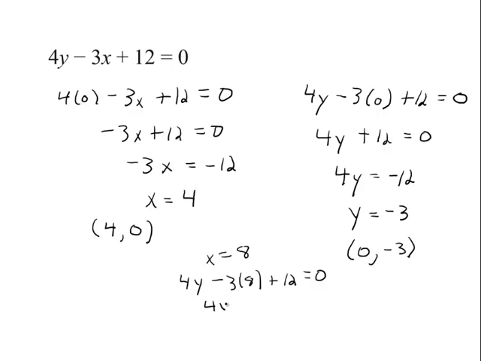So this becomes 4y minus 24 plus 12 equals 0, which we're left with 4y minus 12 equals 0, which gives us 4y equals 12, and hence y is equal to 3.